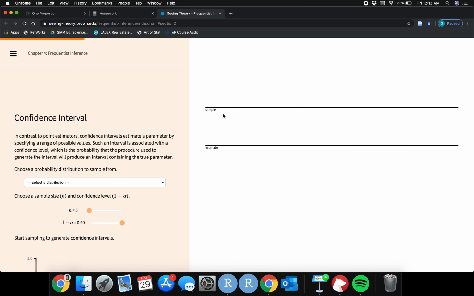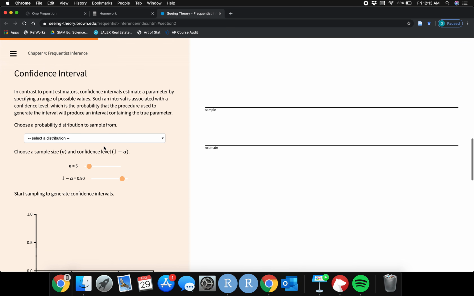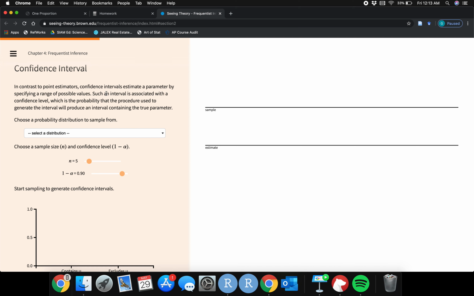Okay, so here's going to be my simulation. Over here, I've got a confidence interval. This is from a book. They talk a little bit about a confidence interval.